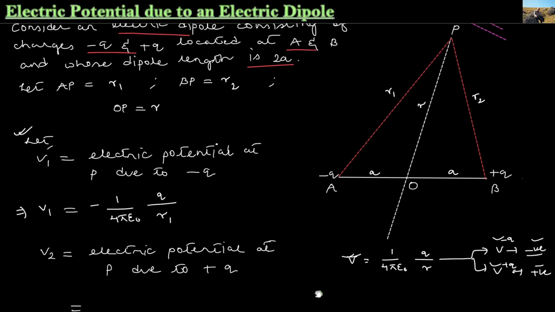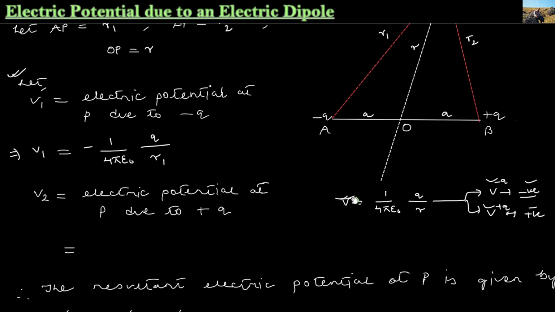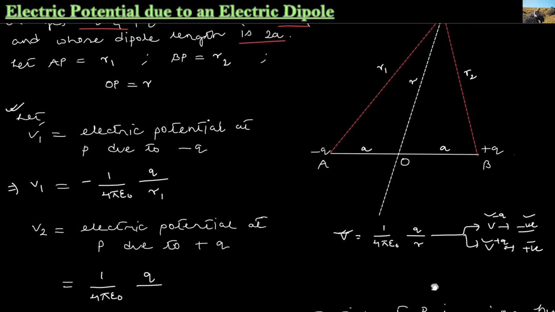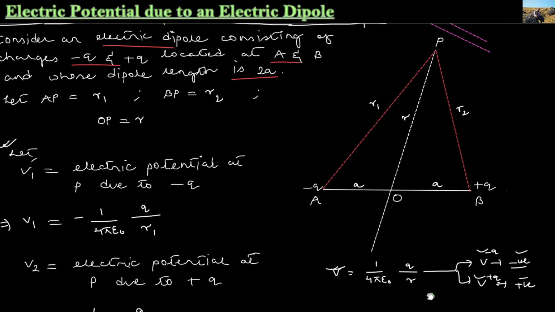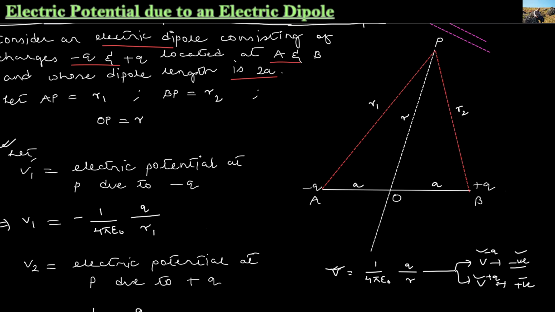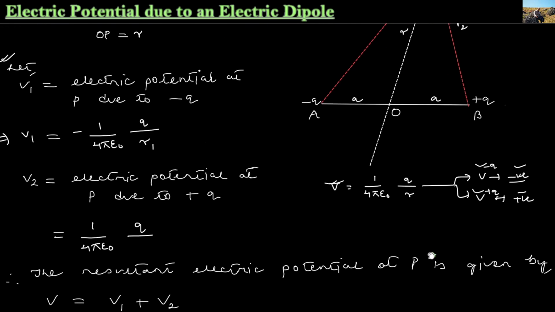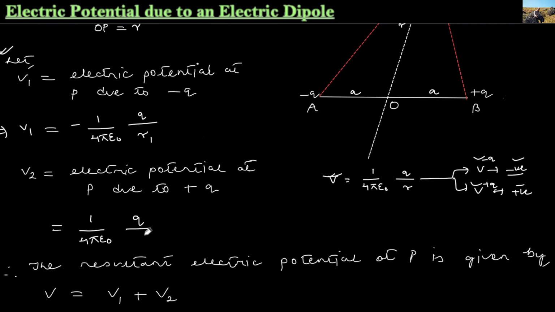Then similarly, the electric potential due to this plus q charge is positive. So we will write 1 by 4 pi epsilon naught q divided by the distance of BP, which will be equal to r2.